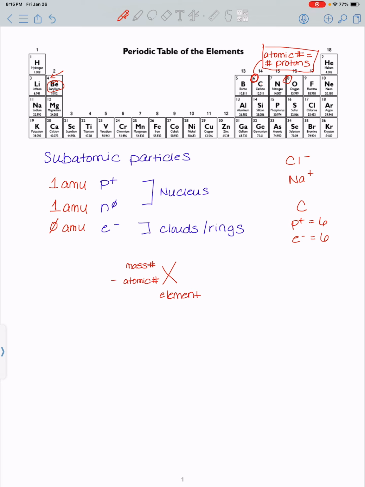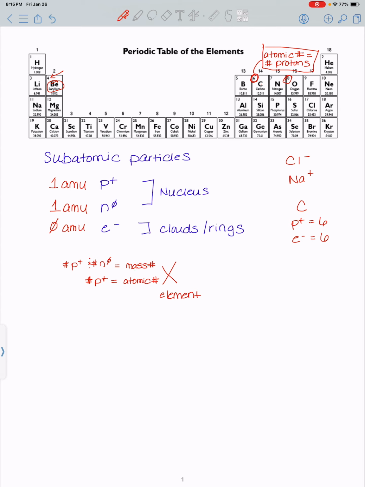So this is equal to number of protons. And the mass number, which is something new, which I haven't talked about yet, is equal to the number of protons and the number of neutrons. So if we're given the mass number, we can figure out the number of neutrons.